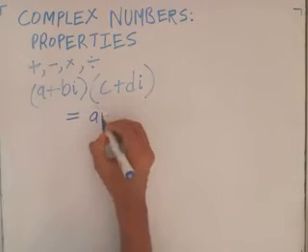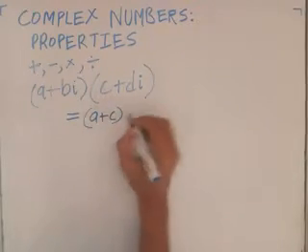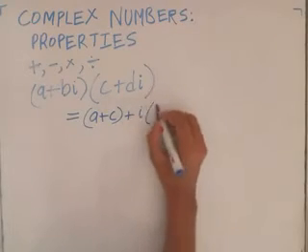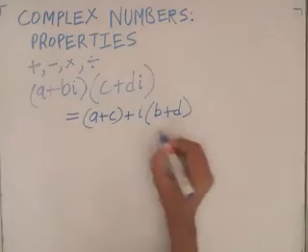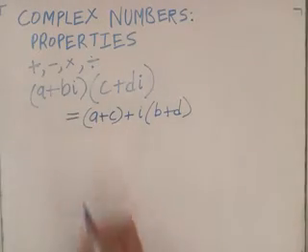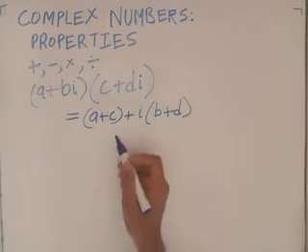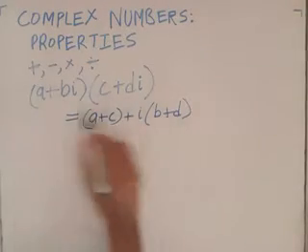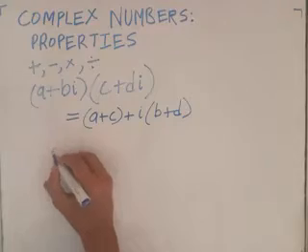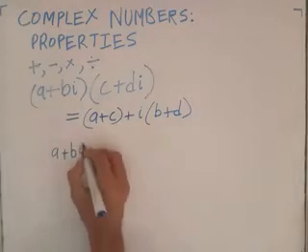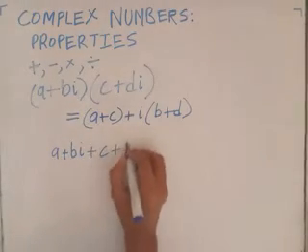So a plus c plus i times the addition of the imaginary parts. These are the imaginary parts and this is the real part. ac comes from here and bd from here. So we just add them like two real numbers.